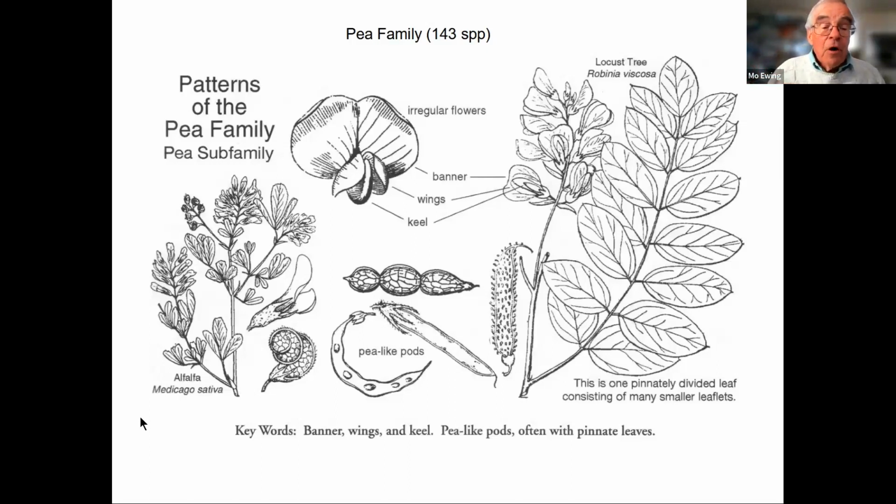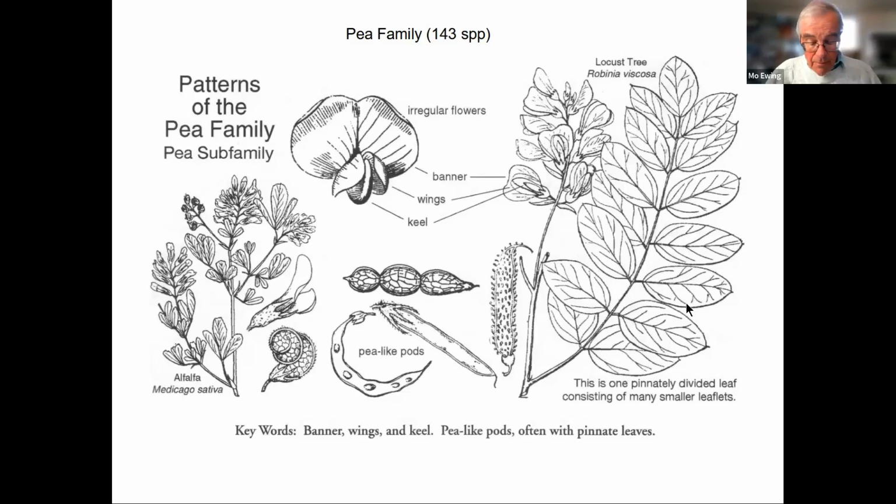But alfalfa falls into the clover tribe because it has something called trifoliate leaves, which are these little leaves with 3 leaflets on them. And the locust has what's known as pinnate leaves, which are leaves that have leaves on each side of the stem.